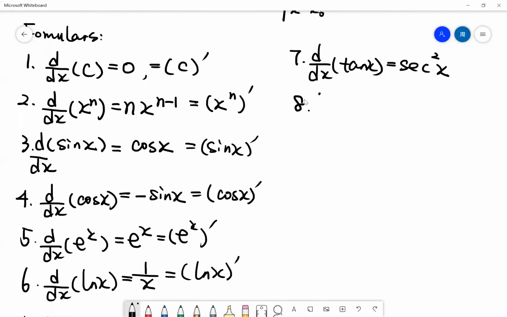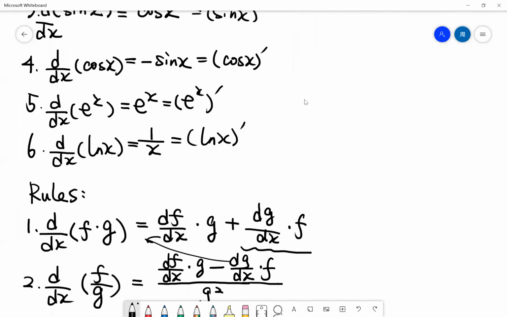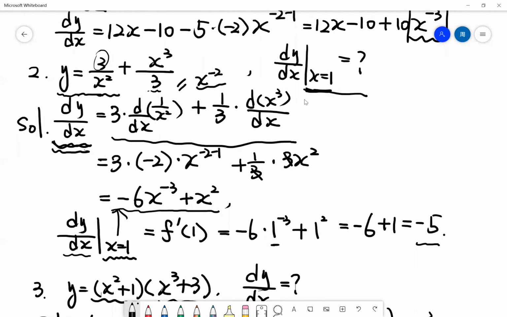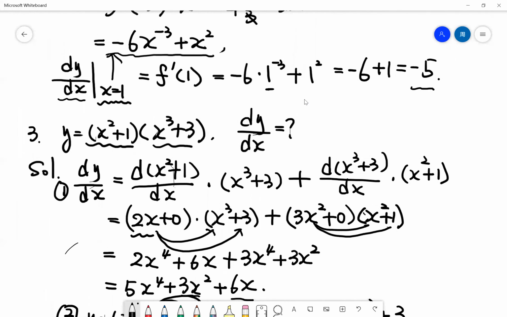Here, d secant x equals secant x times tangent x. And we will later add 2 more formulas here. So here are the formulas we learned last week.